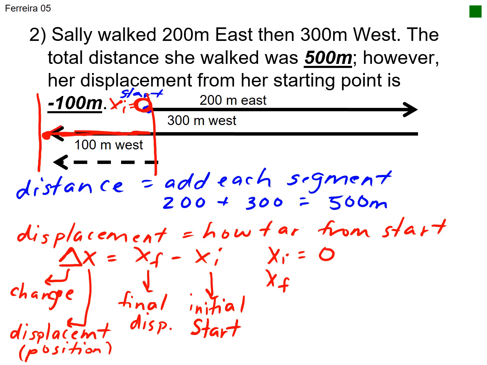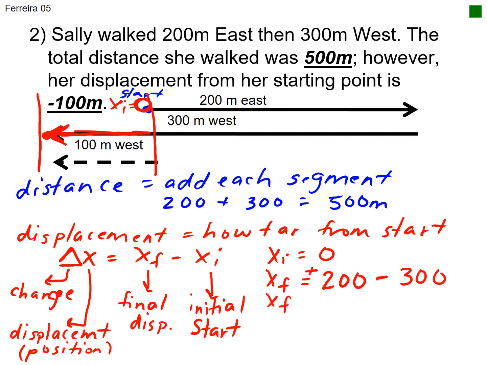Now to find the distance of this red segment that I've colored in, we're going to take her distances and subtract them. So she went 200 east. Remember, east is positive. And we're going to subtract, because we're going west, 300.